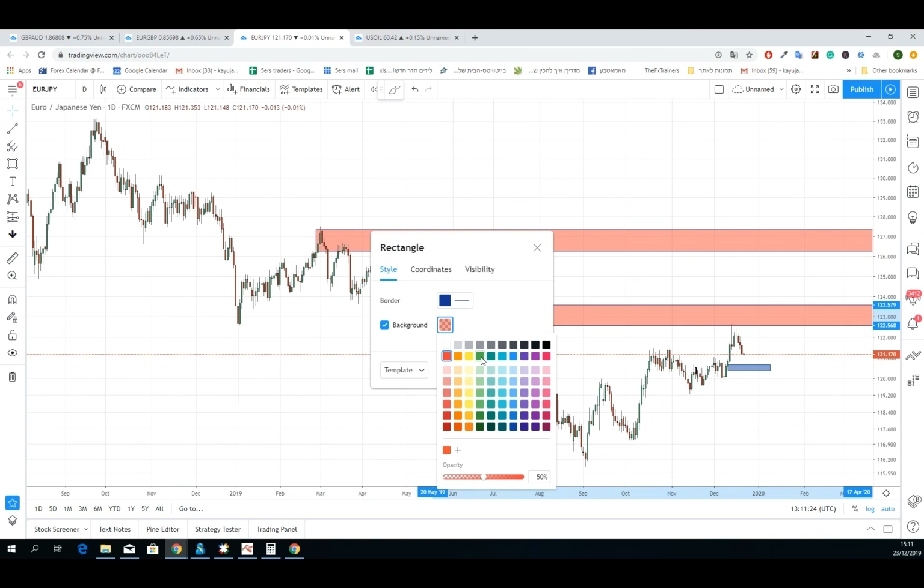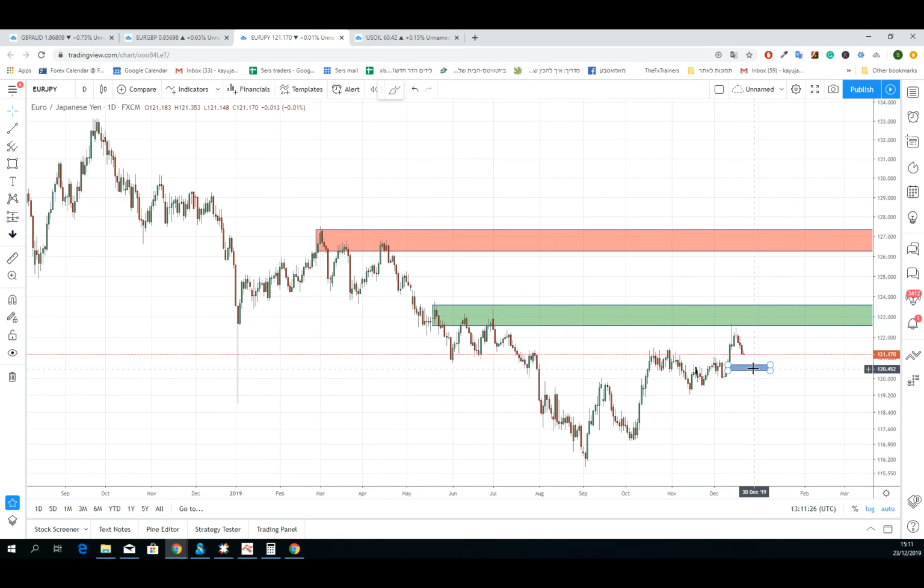If I buy here at the demand below, I'll definitely consider closing part of the position when the price reaches this resistance above again.